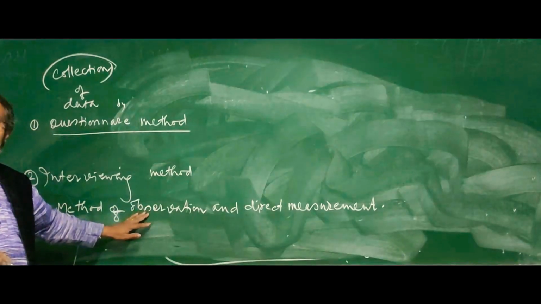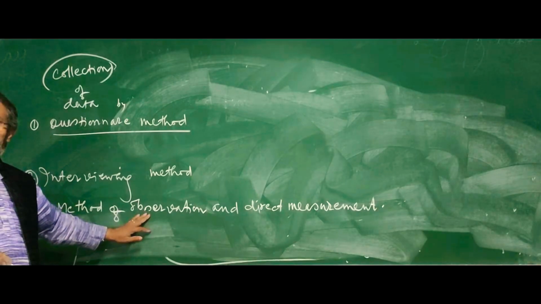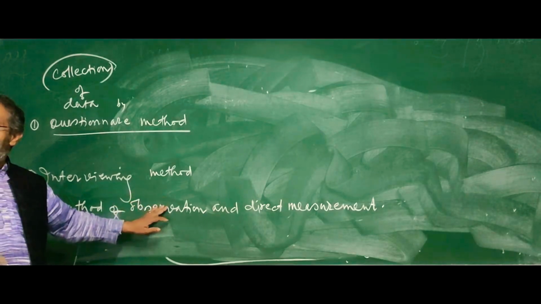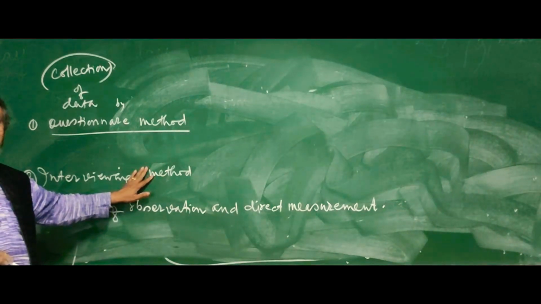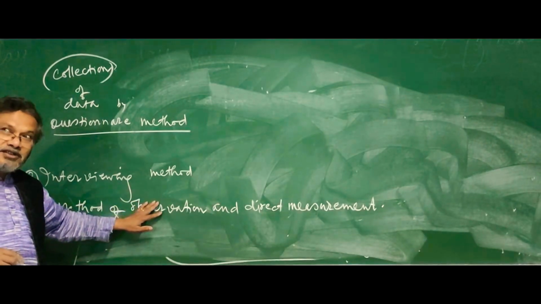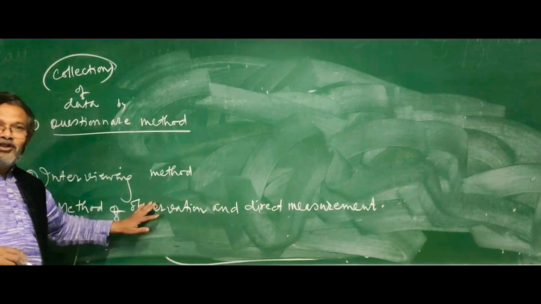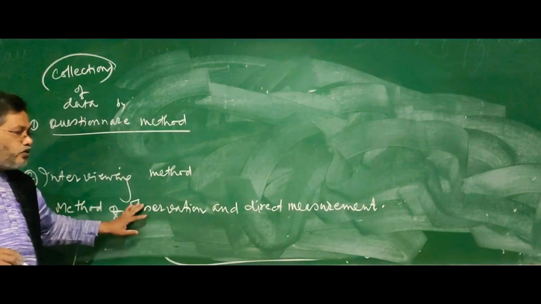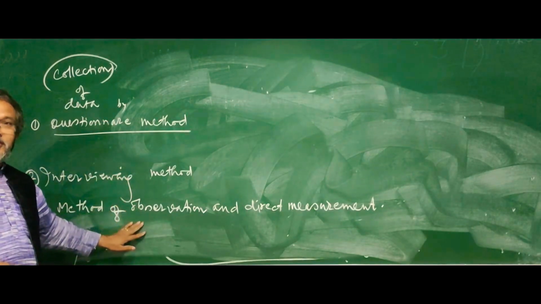In this case, a team should go for each informant: a doctor, an audiologist, some other person, some other field. Here also there is direct contact, but I don't take the measurement, just question and answer. But here, observation and measurement, so doctors or audiologists or other experts must be there, which involves a cost. So less costly, costlier, costliest.